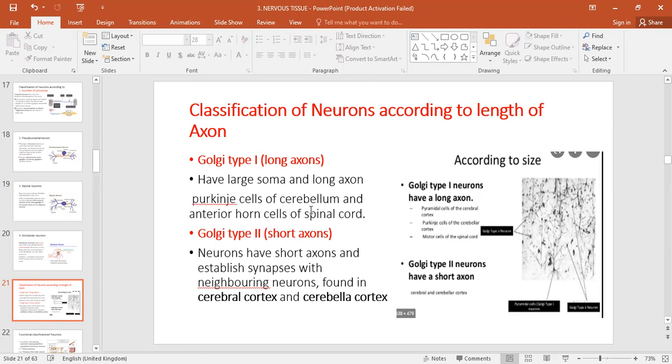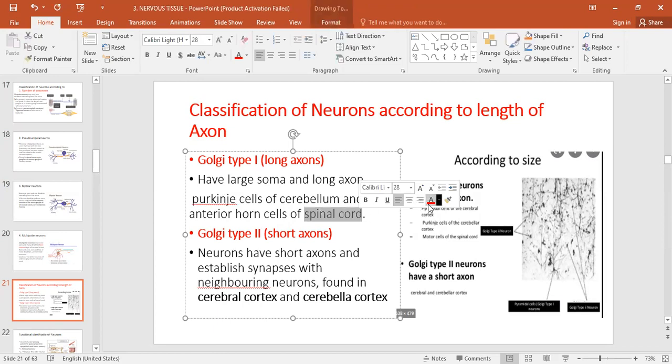But the majority of nerves in the spinal cord are Golgi type 1. Just look at how long the spinal cord is. So we need longer axons there. Maybe the cell body is in the brain, but the axon will extend all the way from the brain, maybe into the neck region of the spinal cord.